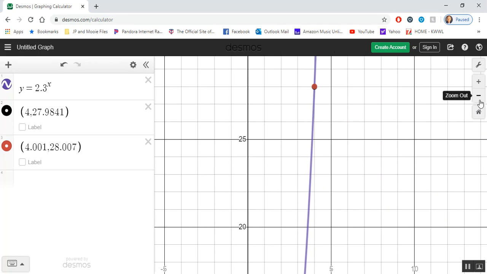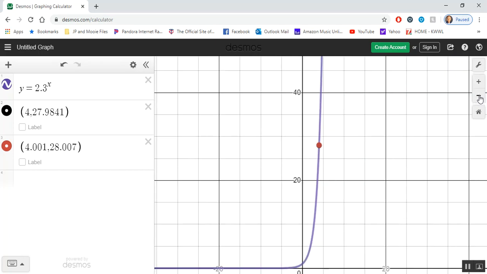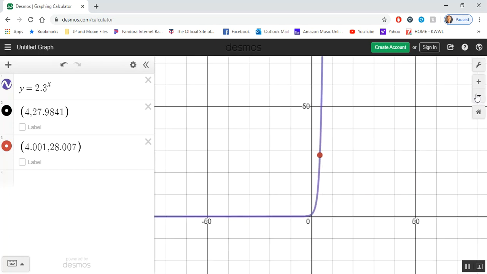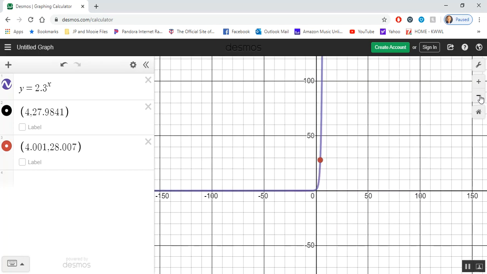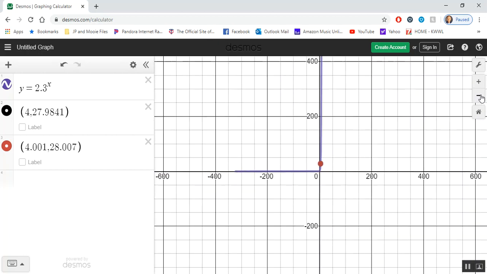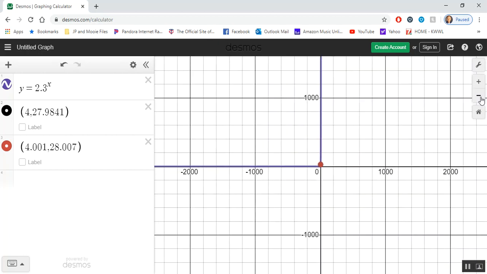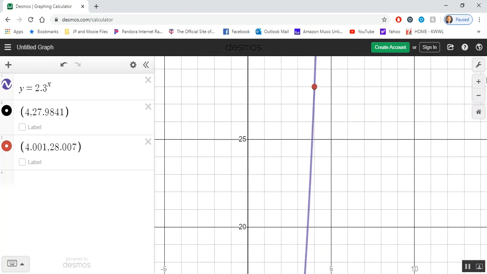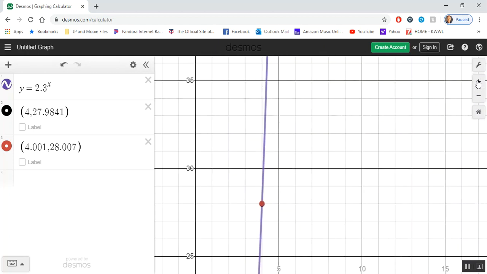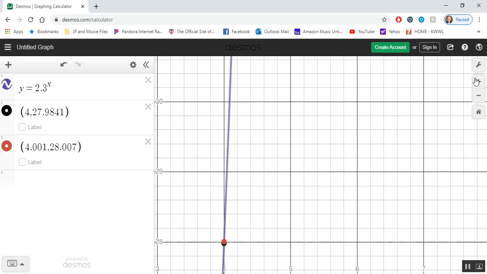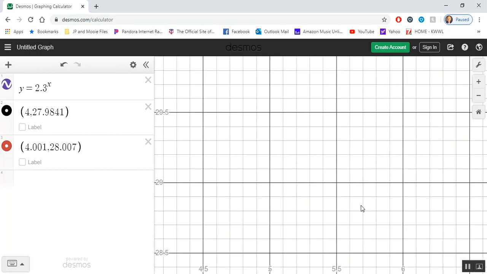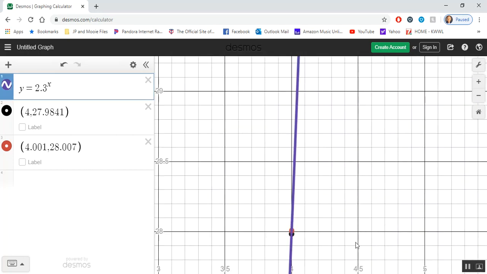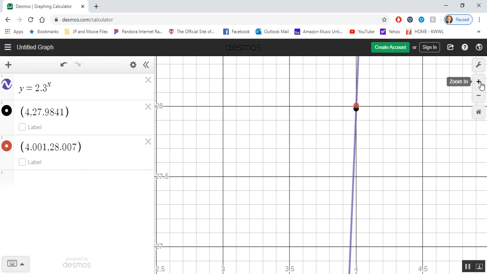If I zoom in a little bit again, right at that slope, it's going to curve there a little bit. Keep zooming in on that point right there. What does this line eventually start to look like?